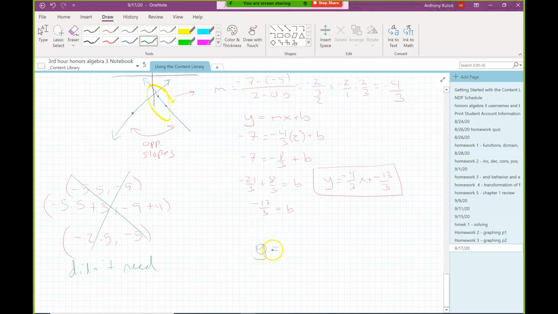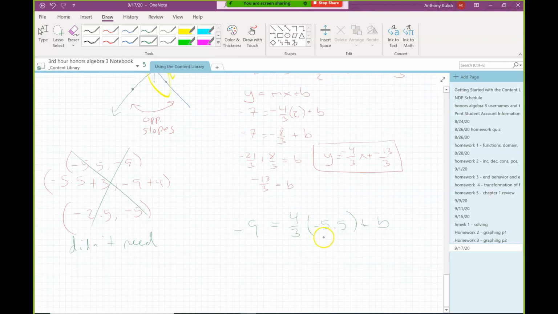So for the green line, we have 4/3. We'll plug in the x and y, and find the y-intercept over here. So I'll rewrite that as 11 over 2 instead of 5.5 since I have the fraction there.